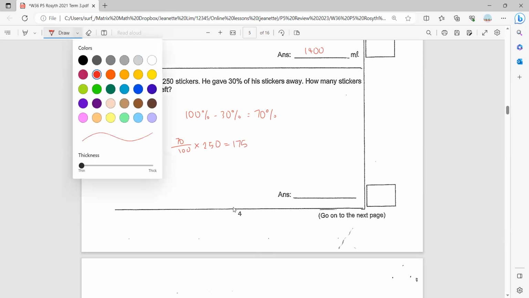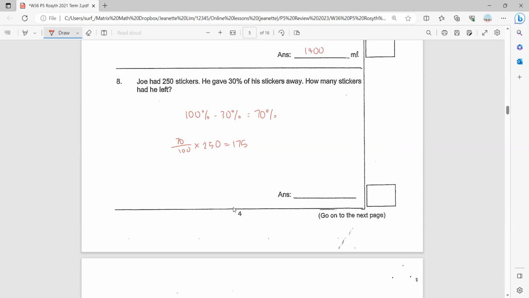Or you can also do, since 250 is 100 units, 250 divided by 100, then times 70. This will also give us 175. Okay, whichever method. This is the percentage of whole method. This is more like the unitary method.